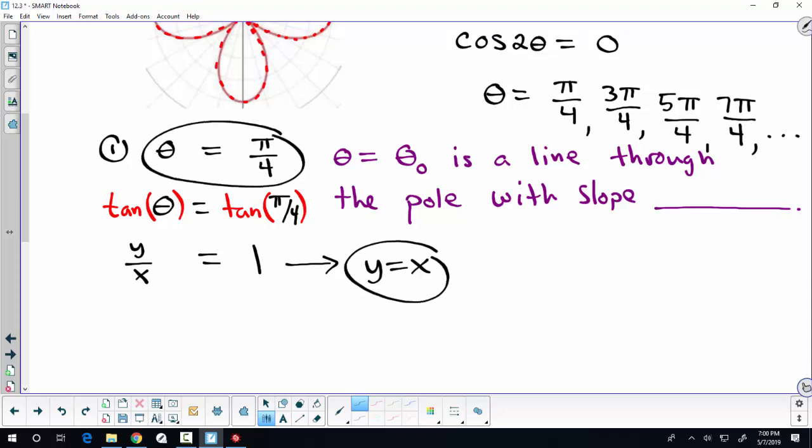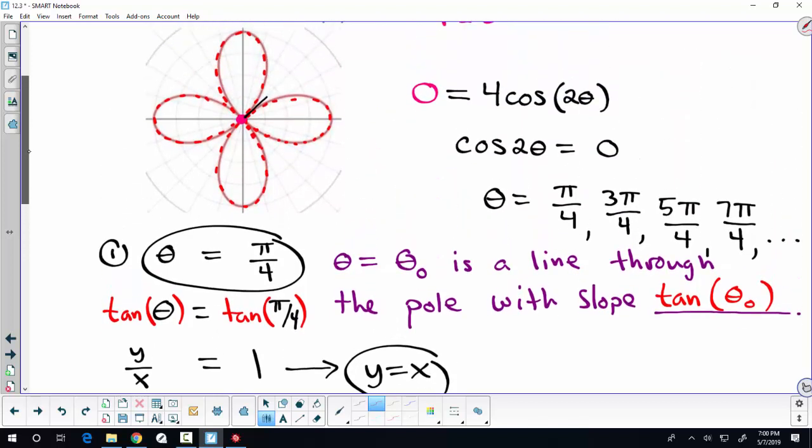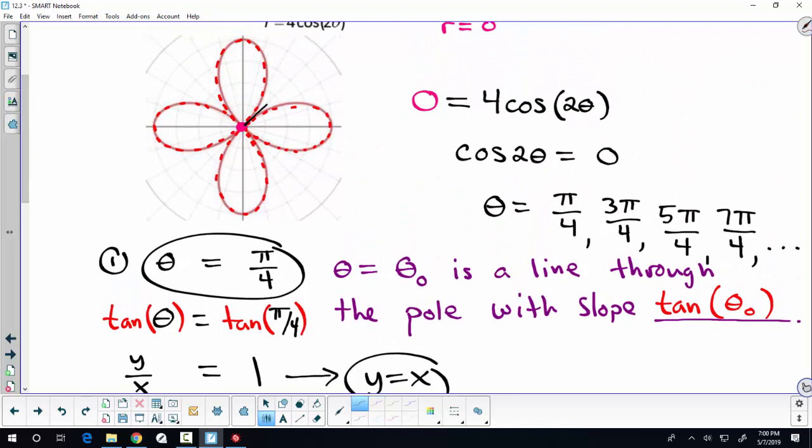It's a slope of 1. The slope of your line is just the tangent of the radian. But we know that the line y equals x, or theta equals pi over 4, isn't just that top portion of the line. It's actually all of this.